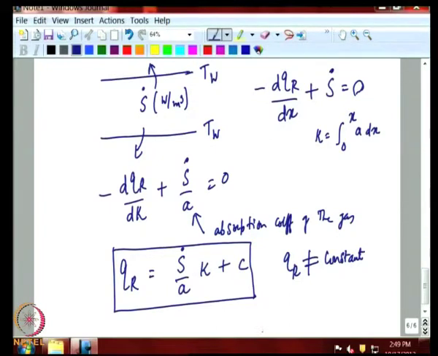Now, we need information about the constant, and this is most readily obtained by realizing the fact that the total heat released in the combustion chamber has to be removed from the two walls. By symmetry, the two wall fluxes qr at 0 and qr at kappa 0 have to be equal.